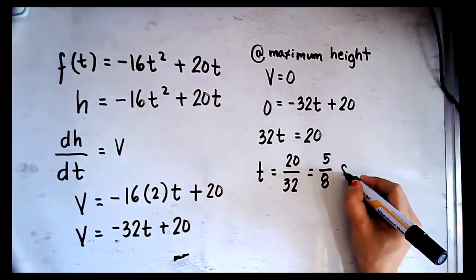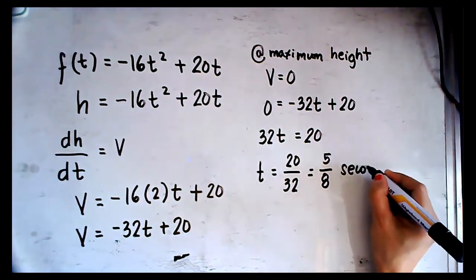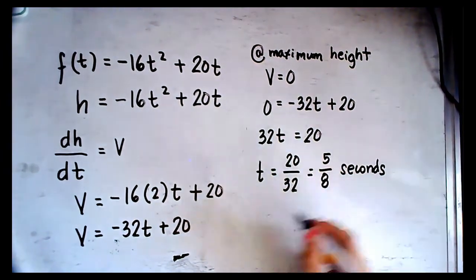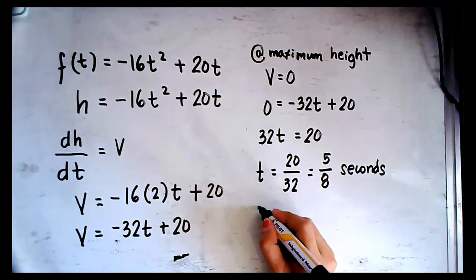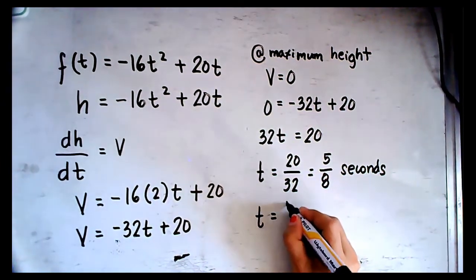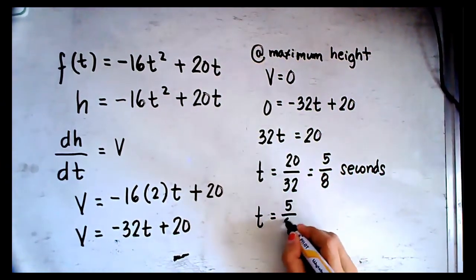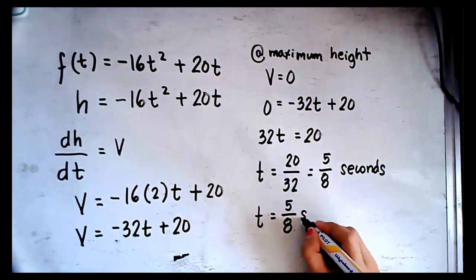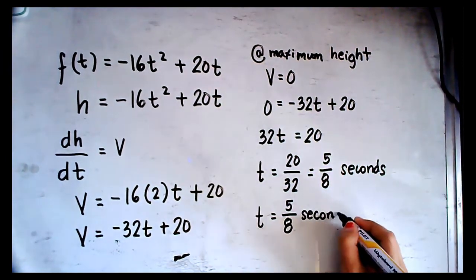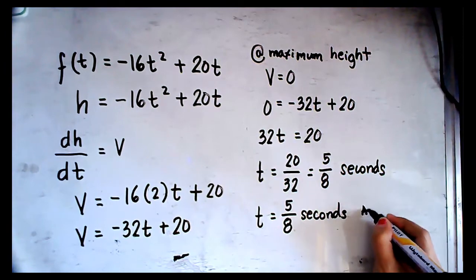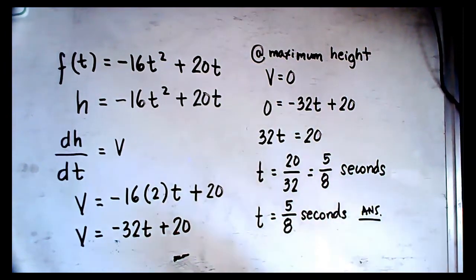And do not forget to write down the unit: seconds. So our answer, the time it would take for the rock to reach its maximum height, is 5/8 seconds. This will be our answer.